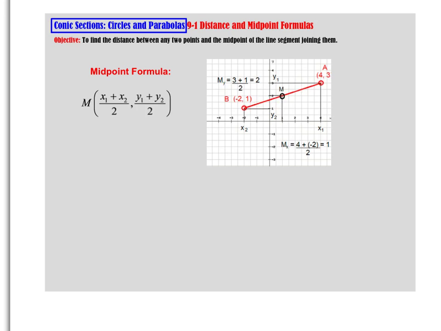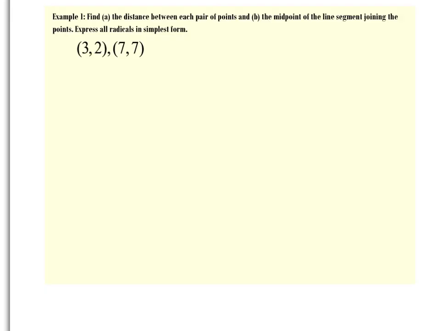So if we want to find the midpoint's x coordinate, we can just average the x coordinates. If we want to find the y coordinate, we can average the y coordinates. So the midpoint formula gives you a way to find a point. So the midpoint is going to be some coordinate pair x comma y once you do these averages.